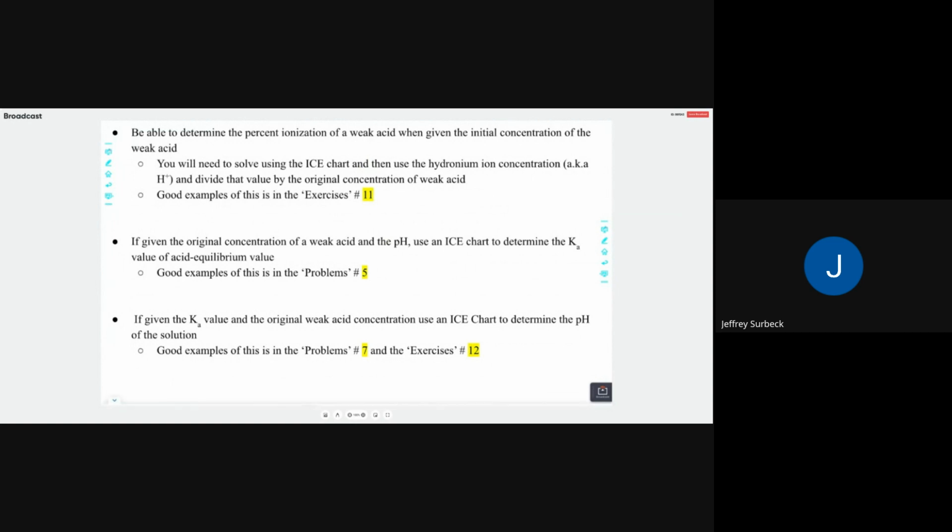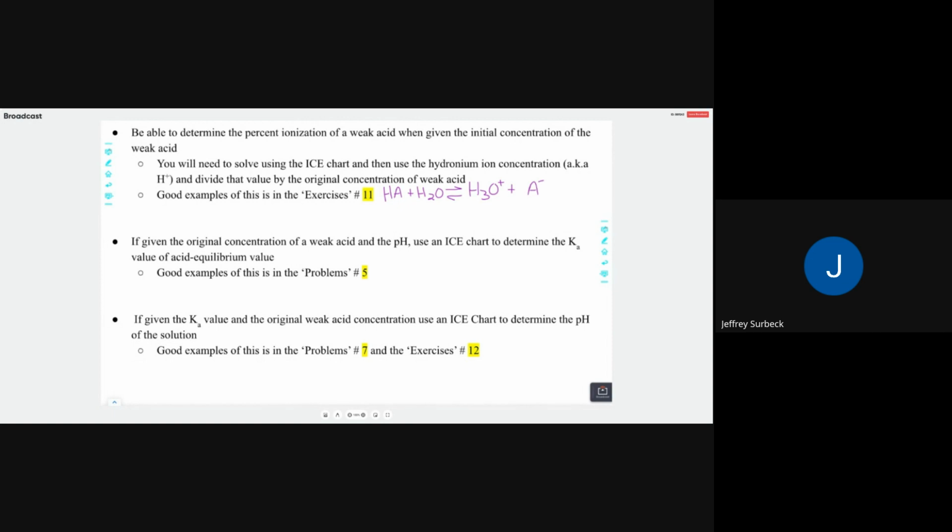So let's say, for example here, you are given some generic weak acid, and I'm just going to call my weak acid HA, and it's weak, so we have H2O. We're at equilibrium. That H gets donated. We form H3O plus and A minus.